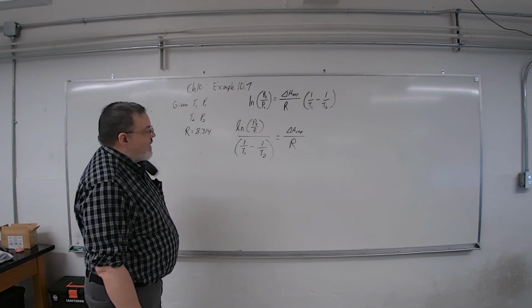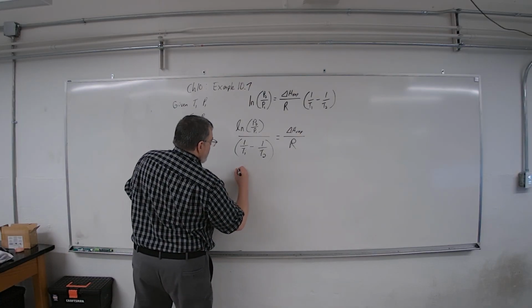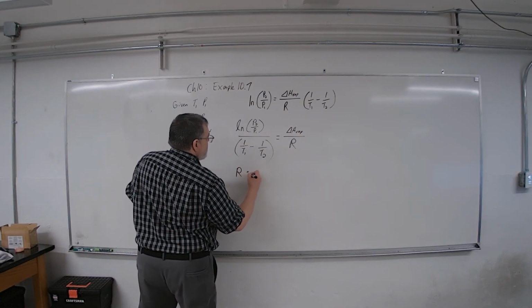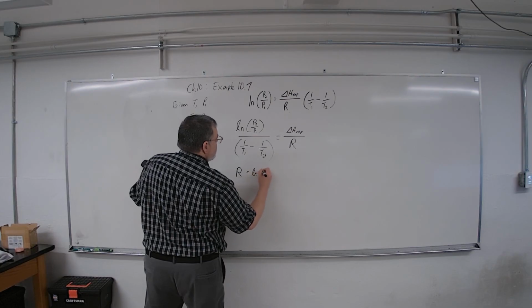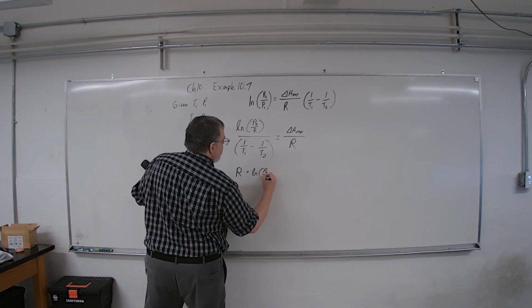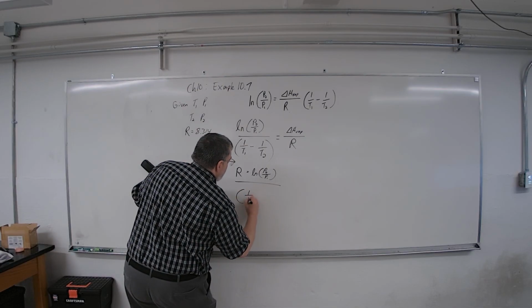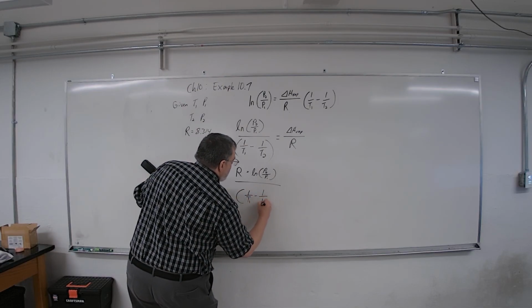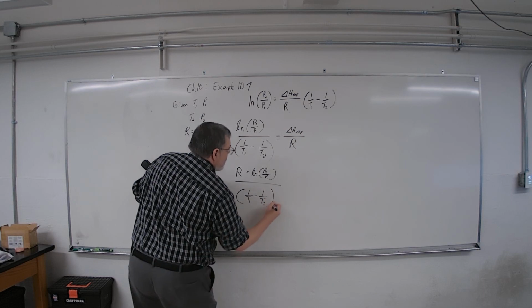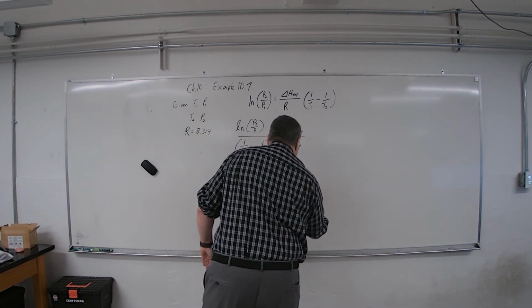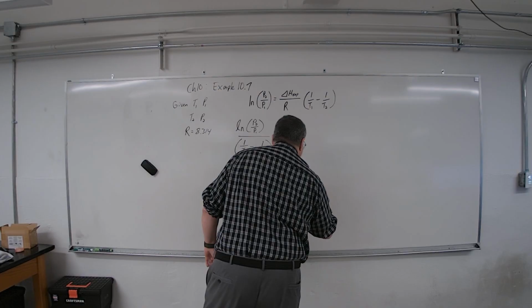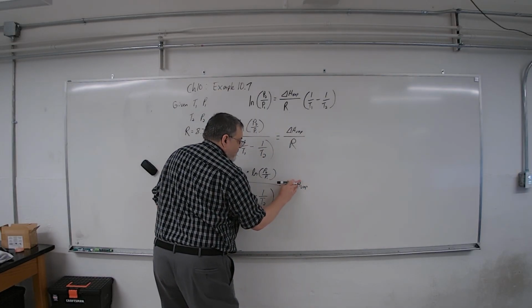And then you multiply both sides by R, and that gives you R times natural log of P2 over P1.